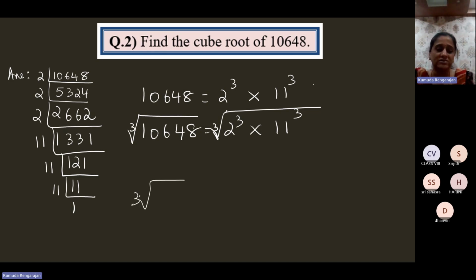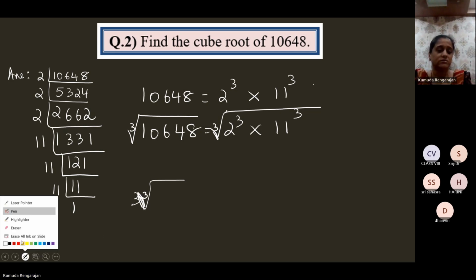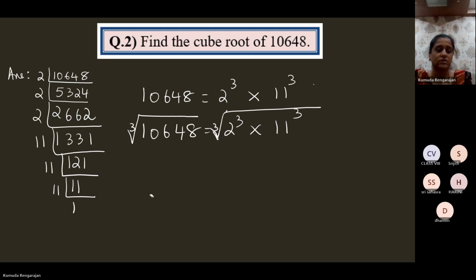Not outside, inside this part. It's not like this. This is different. Writing 3 here and putting the square root symbol has a different meaning. It's here, 3 here. So if you've forgotten to write the 3, please put it now.